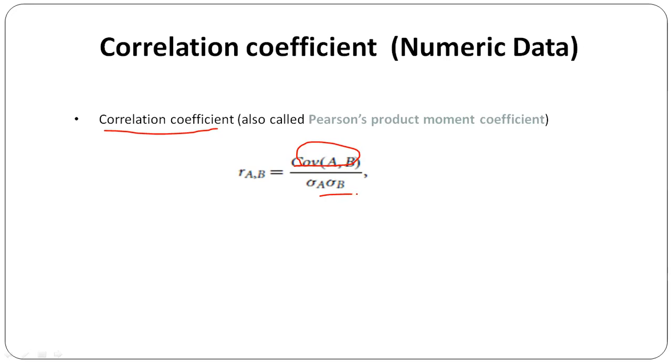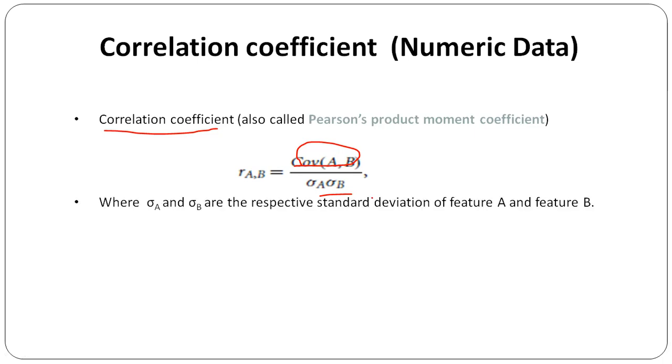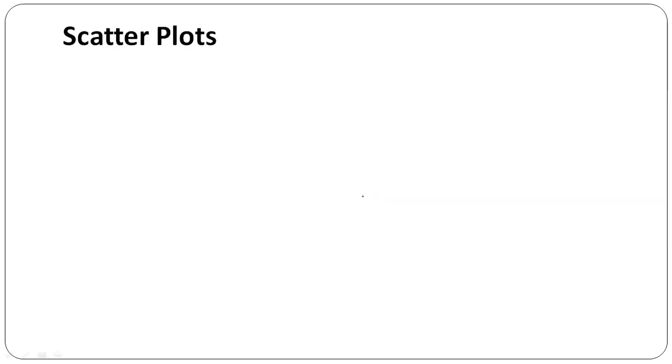Then we get the Pearson product moment coefficient, which is given by covariance of A and B divided by sigma A times sigma B, where sigma A and sigma B are the standard deviations of features A and B. The value of the correlation coefficient varies from -1 to +1.